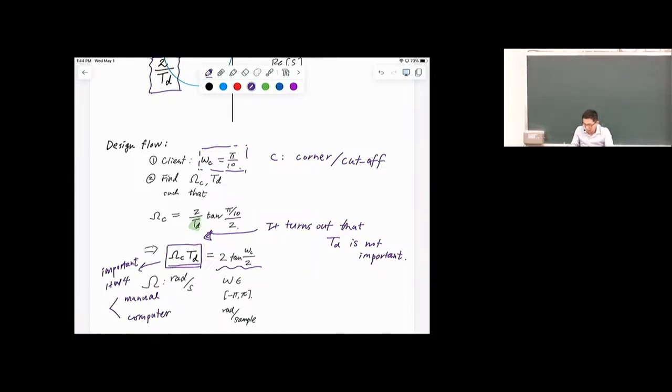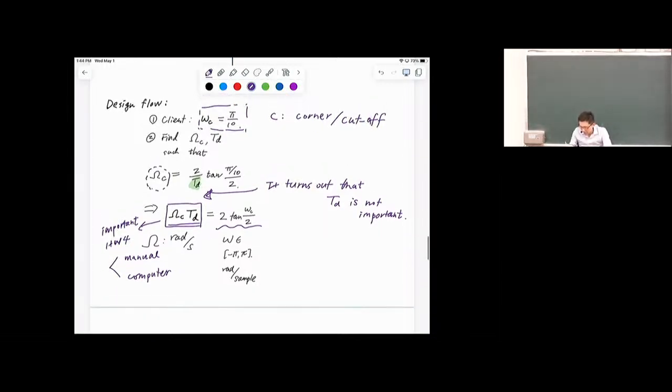So now after figuring out omega c, this is where we start considering, under my suggestion, that you can draw a circle with a radius of omega c in the S domain.